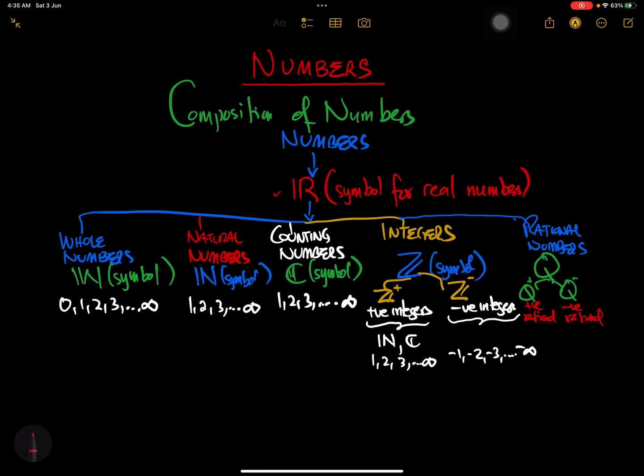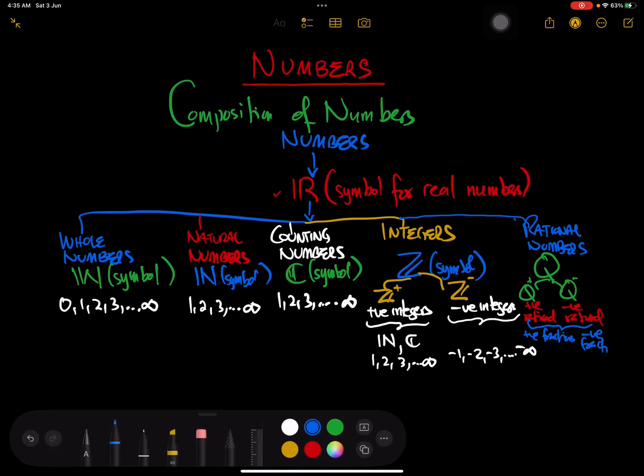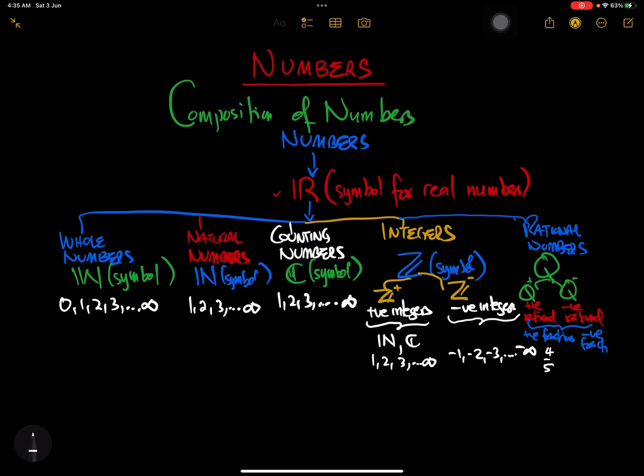Basically they are fractions, positive fractions and negative fractions. An example can be 4/5 for the positive fractions or positive rational numbers, or maybe -1/2 for the negative fractions or negative rational numbers.